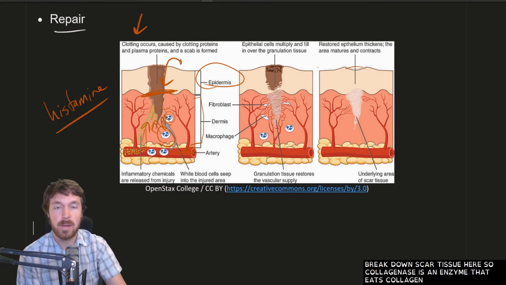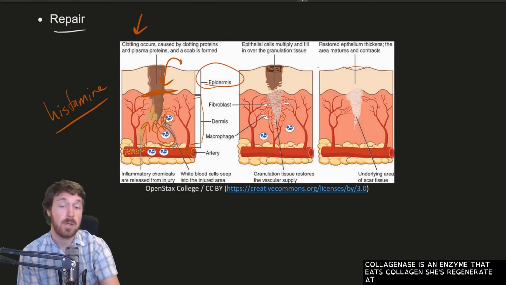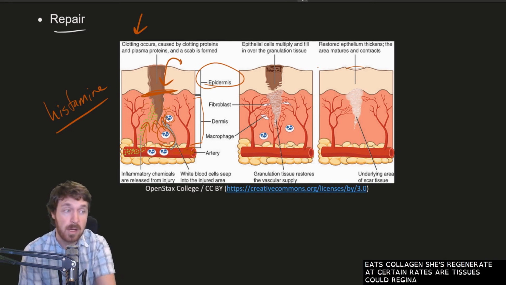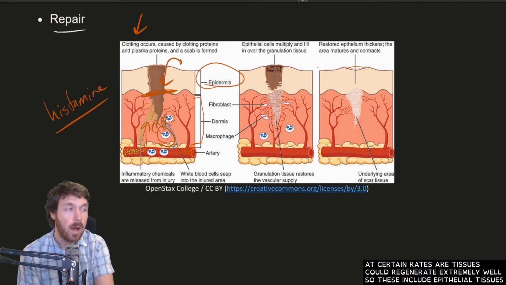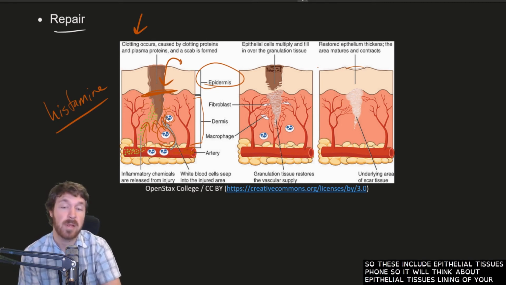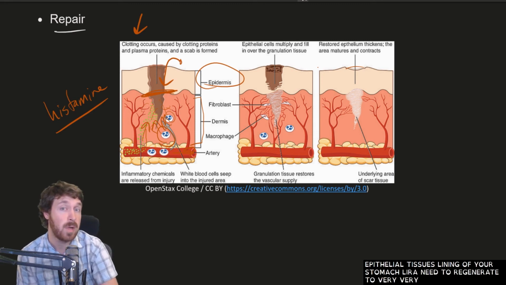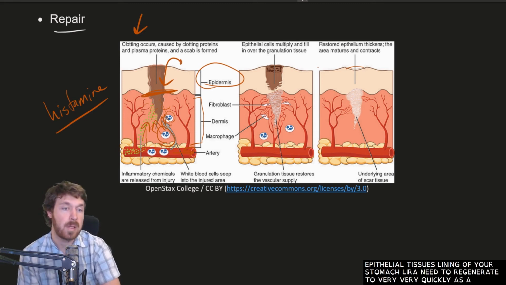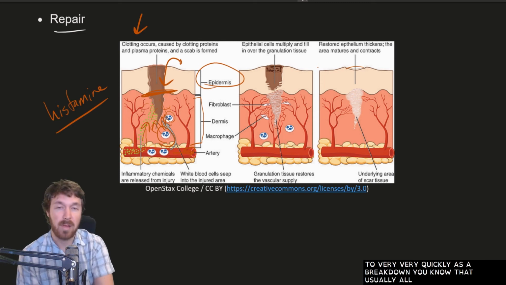All right, and the last little thing I want to talk about is how certain tissues regenerate at certain rates. Tissues could regenerate extremely well. These include epithelial tissues, bone. Think about epithelial tissues, the lining of your stomach. They need to regenerate very, very quickly. As they break down, they usually all have contact inhibition that is allowing them to grow.